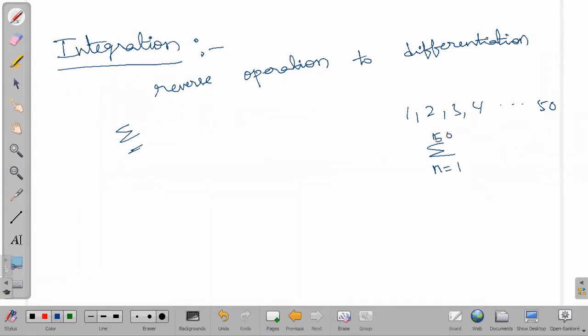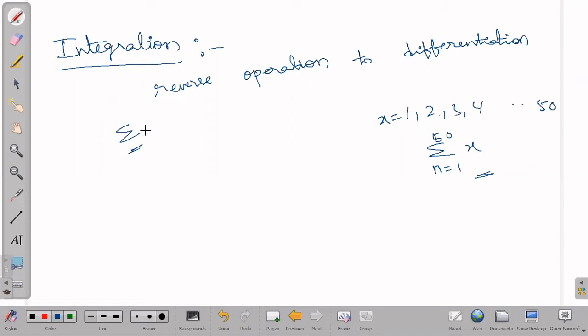All these are some x values. So 1 plus 2 plus 3 plus 4, all those we will be adding. That is summation. When we don't have discrete values, we go with integration.